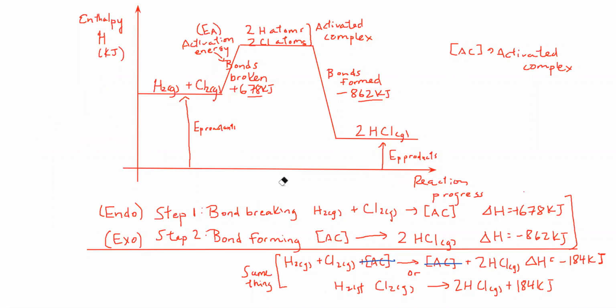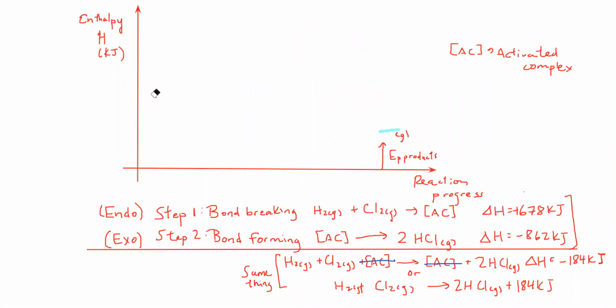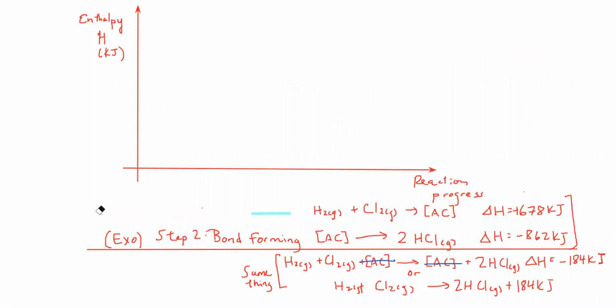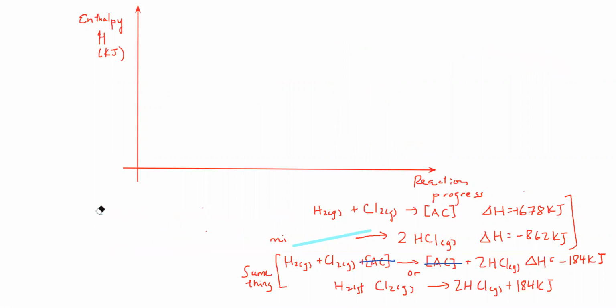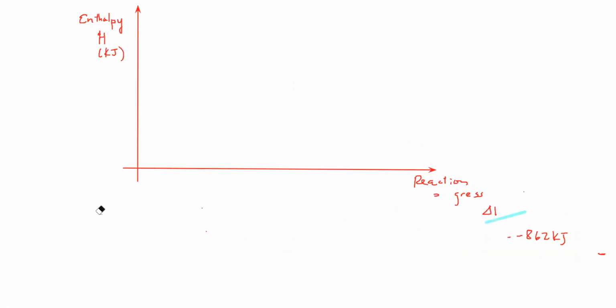Basically exactly the same thing, but what happens if we're going in the opposite direction, where we don't start off with the hydrogen and the chlorine and end up with the hydrochloric acid, but instead we start with the hydrochloric acid and go backwards. So I'm just going to briefly talk about that, and I think that'll be that for today. So let me just finish off, I'm going to rewrite that, finish off erasing this.